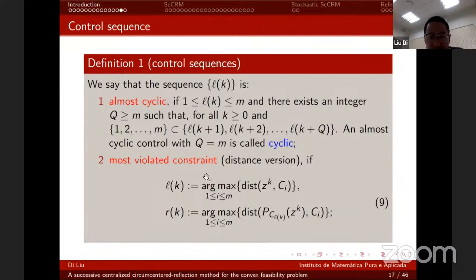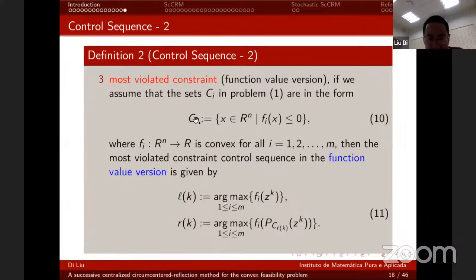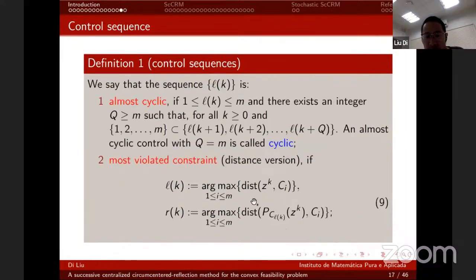And then if we assume the sites are in the form of function inequalities, we can have most violated constraints in the function value variant. It is similar, but here we just calculate the function value at each point, which will be much cheaper than the distance. Because if you want to calculate the distance, you need to calculate the projection first, which is already an optimization problem. It takes a lot of resources to solve.